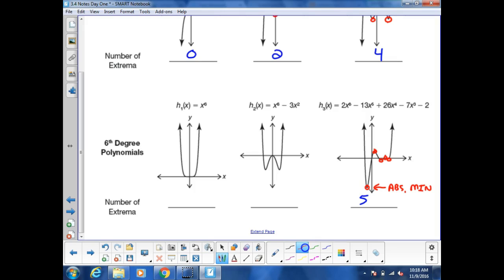Middle one. 1, 2, 3. Any of them absolutes? The 2 minimums are absolutes. Okay. Got one right there. Is it an absolute? Yes.